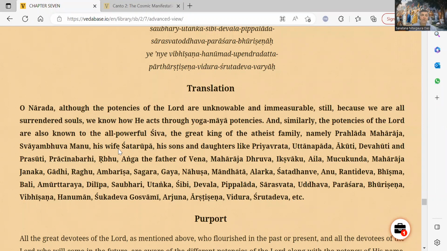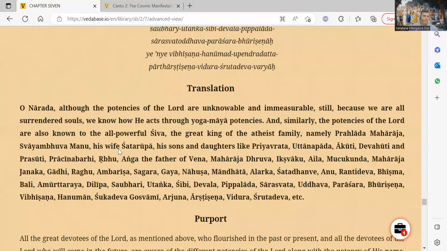And similarly, the potencies of the Lord are also known to the all-powerful Shiva, the great king of the atheistic family, namely Prahlad Maharaj, Swayambhu Manu, his wife Shatarupa, his sons and daughters like Priyavrata, Uttanapada, Akuti, Devahuti, and Prasuti, Prachinabarhi, Vibhu, Anga, and the father of Vena, Maharaj Dhruva, Ikshvaku, Aila, Muchukunda, Maharaj Janaka, Gadi, Raghu, Ambarisha, Sagara, Gaya, Nahusha, Mandhata, Alarka, Shatadhanve, Anu, Rantideva, Bhishma, Bali, Amrutaraya, Dilipa, Saubhari, Uttanka, Shibi, Devala, Pipaladha, Sarasavada, Uddhava, Parasara, Bhurishena, Vibhishana, Hanuman, Sukadev Goswami, Arjuna, Arishtasena, Vidura, Shrutadeva, etc.